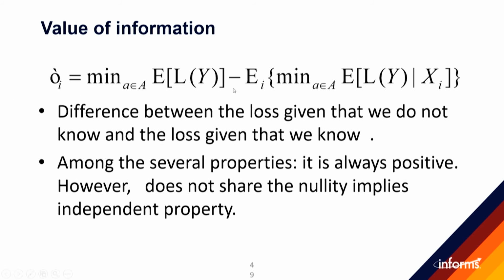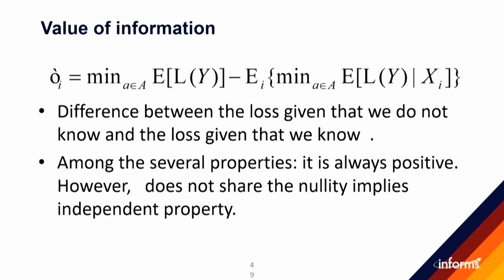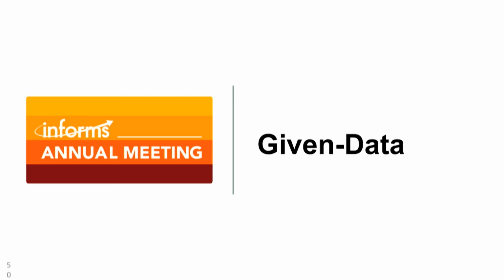And value of information, when you have a loss function, is shown that if you have an appropriate loss function, for instance, logarithmic loss on densities, it would lead you to a sensitivity measure which is in this framework here, and it is the Kullback-Leibler. So you can reinterpret several of these sensitivity measures as value of information under an appropriate loss function for a specific decision problem: reporting the mean, reporting the density.